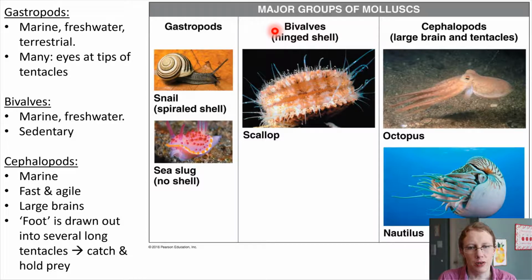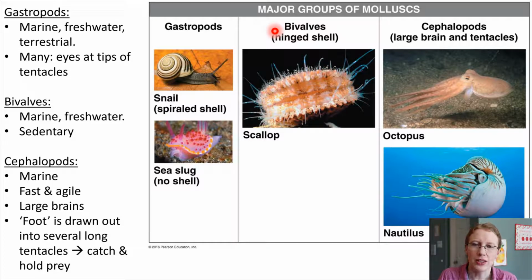Finally, last grouping over here on the right, this is an amazing grouping of animals, the cephalopods. Cephalopods have really large heads. Cephalo is referring to the head. So what this name is saying is head and foot. Essentially that's what the body looks like. We have a head region on an octopus, and then all of these, well, they're not really feet, but these tentacles hang down.